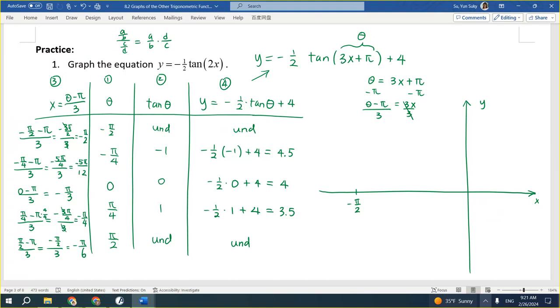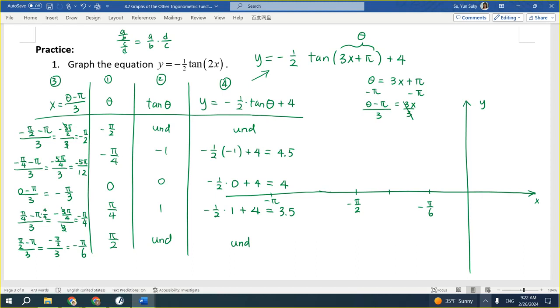Okay, so imagine this is negative pi over 2, and separate into 3 pieces. Then this piece will be negative pi over 2 over 3, which is negative pi over 6. Maybe if I make it bigger, that's negative pi over 2, that's negative pi.